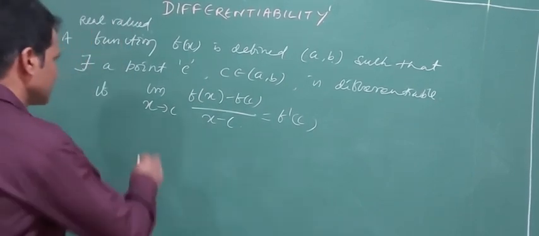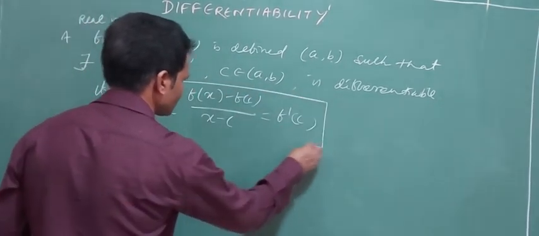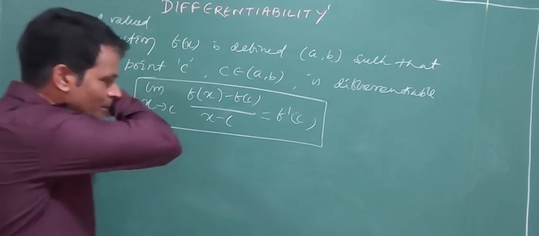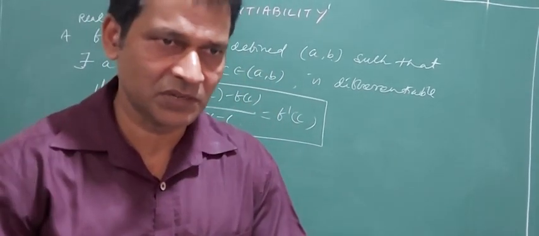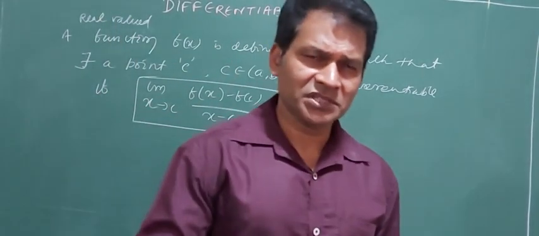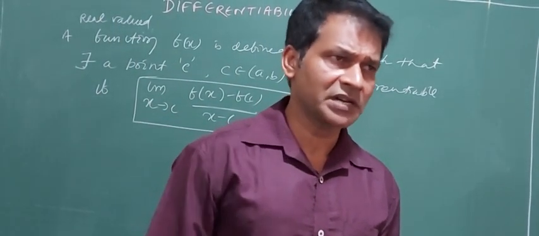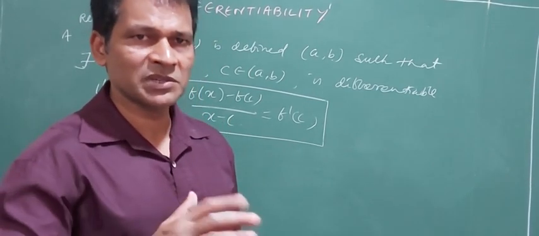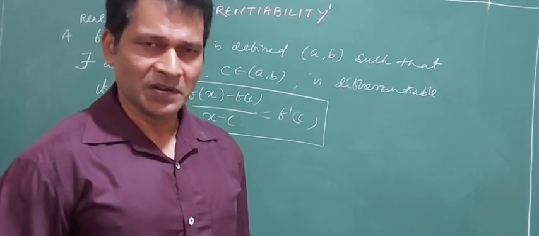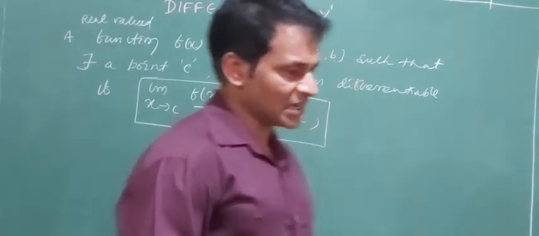The word limit, look at this carefully. In 11th onwards we have studied limit. In class 12 also, while we are solving the continuity questions, we have done some limit questions. So whenever the word limit comes, left hand limit must be equal to right hand limit.